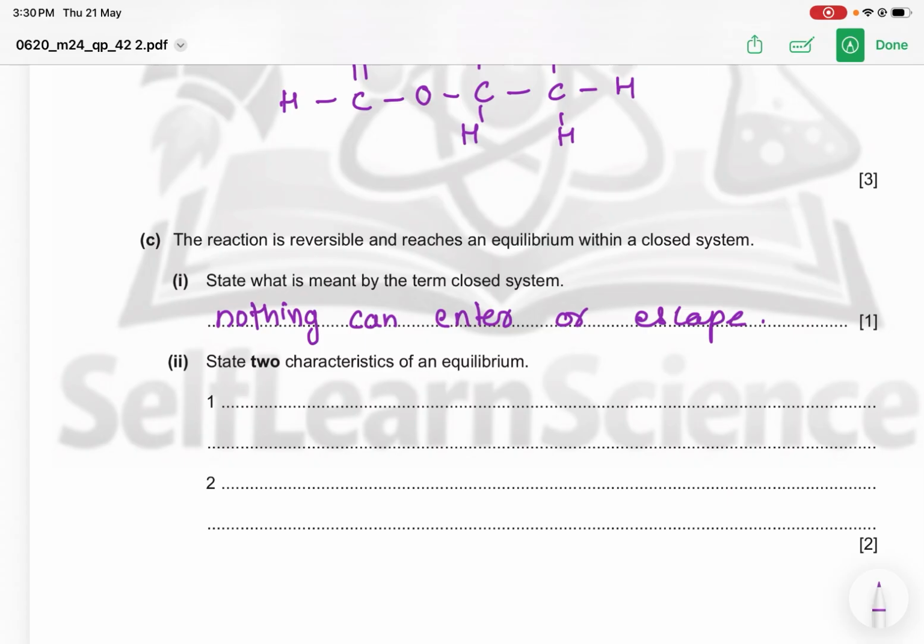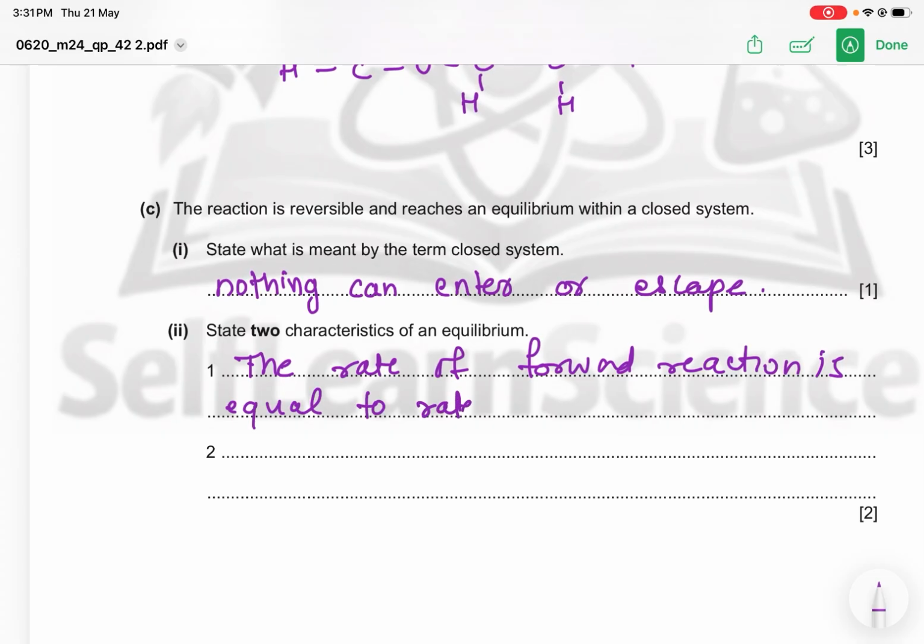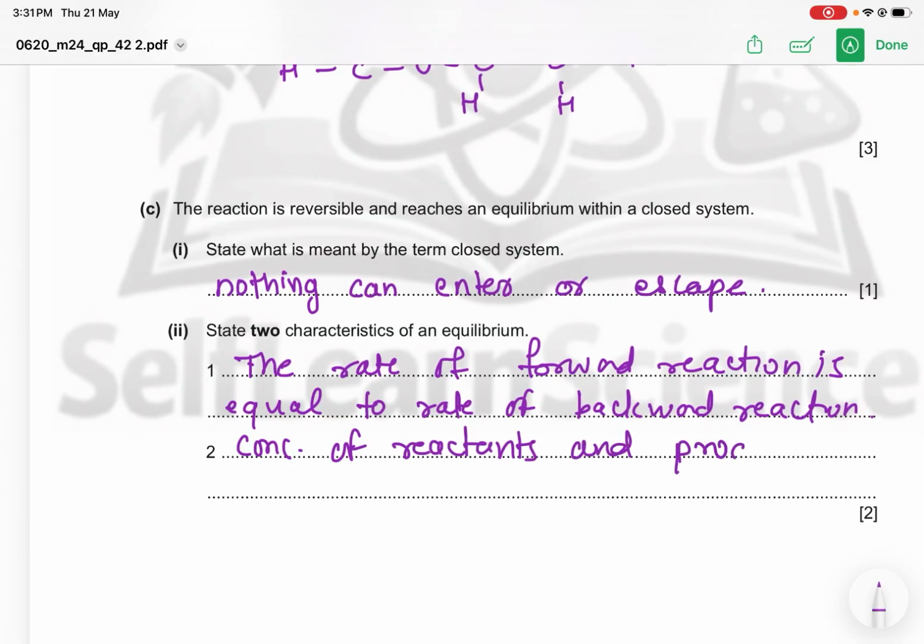Next, state two characteristics of an equilibrium. So first, the rate of forward reaction is equal to the rate of backward reaction, and second, the concentration of reactants and products is constant.